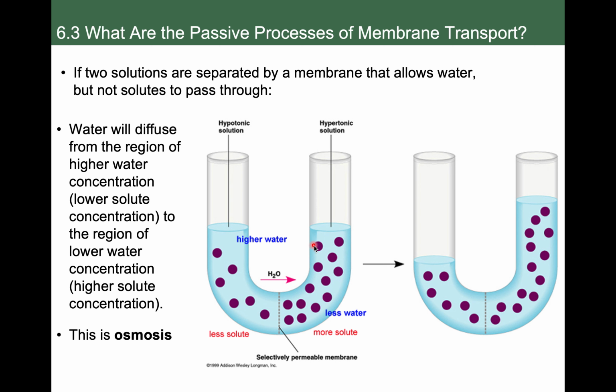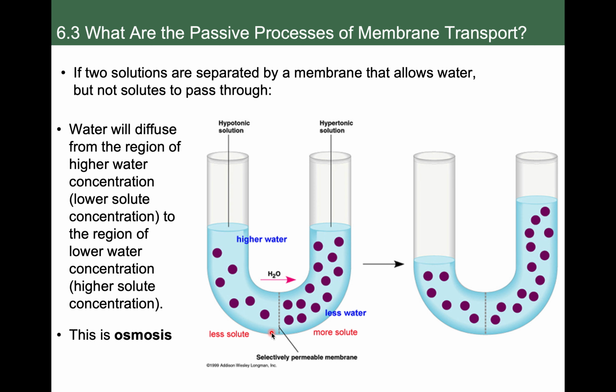So these purple circles here, imagine that's like sugar or salt or some solute that's dissolved in the water. They'll say, oh, you have like a 10% salt solution on the right side of this membrane. Here's our little membrane at the bottom of this tube, and let's say like a 5% salt solution on the left. Which direction is water going to diffuse?